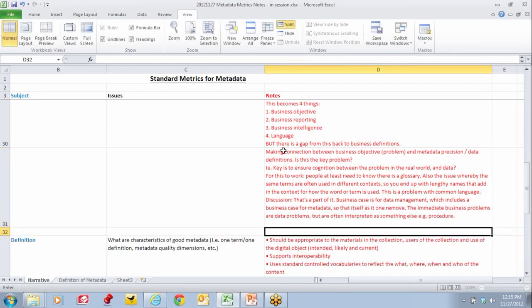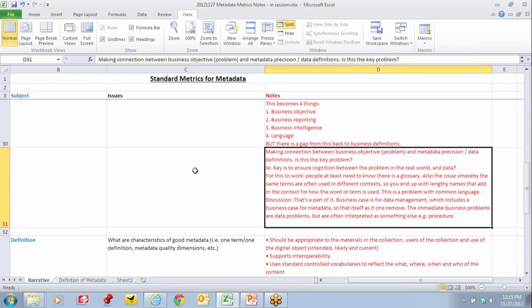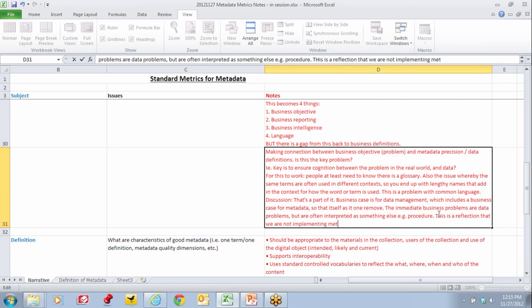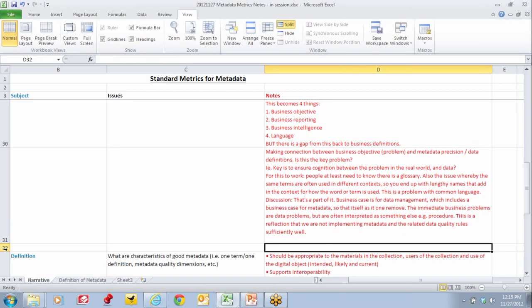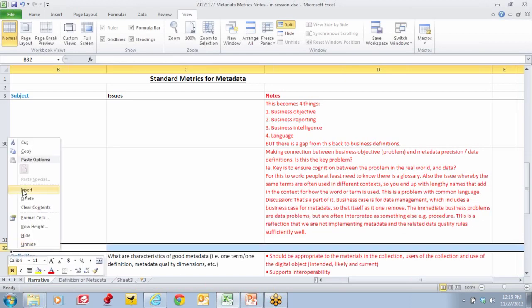And the other is the age-old problem of the same terms being used in different business contexts, and once you put that into an enterprise solution, you end up with lengthy names that are providing context to common terms just to represent them uniquely in the system, and then it becomes too unwieldy to put on a report or a screen, or it's a problem of common language.